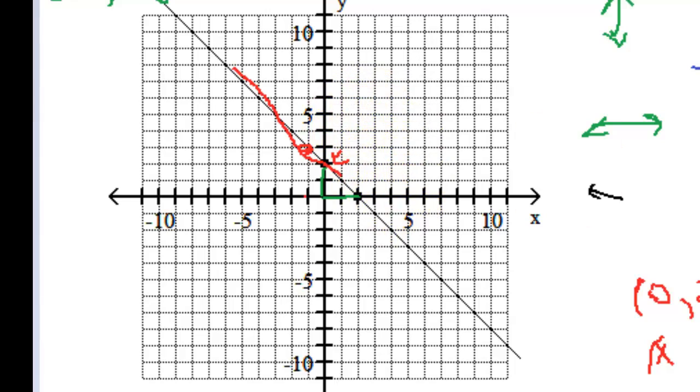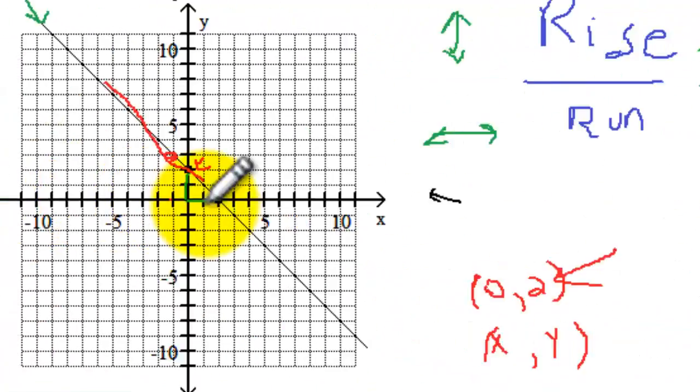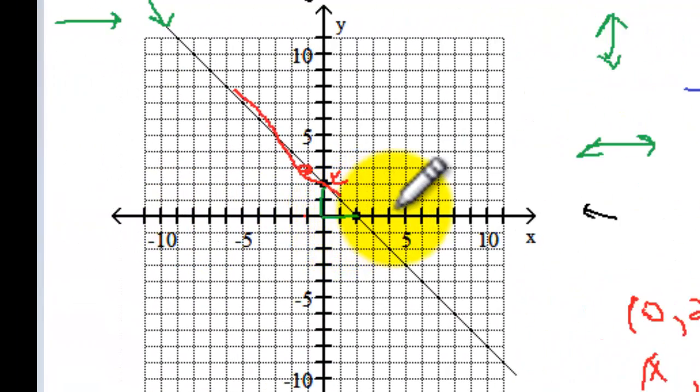We can do that with any number that we want. If we chose 5, we would have 5 plugged in for x times the -1, which is -5, plus 2, which is -3. So in this case, we're going to go 1, 2, 3, 4, 5 for x, down 3: 1, 2, 3, and bam, I ended up on the line.